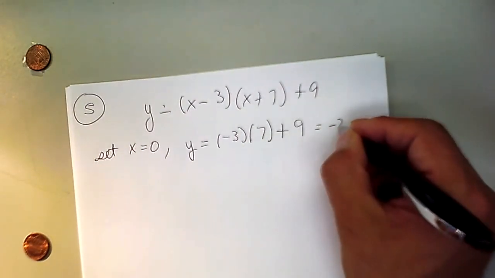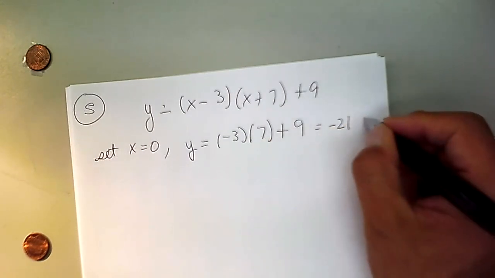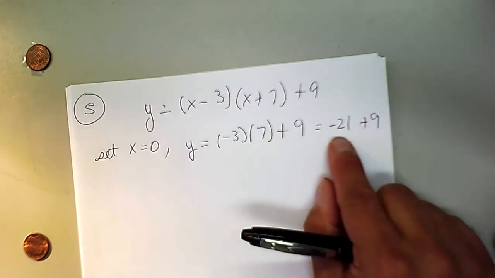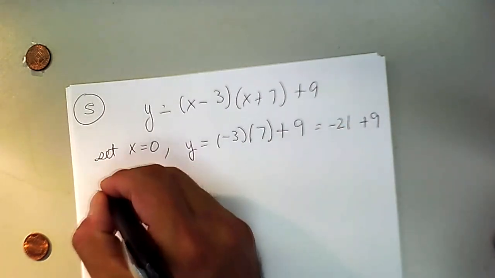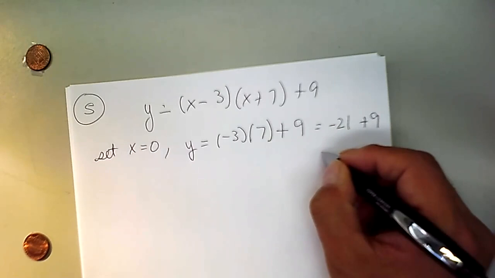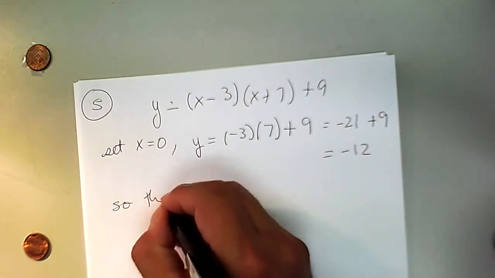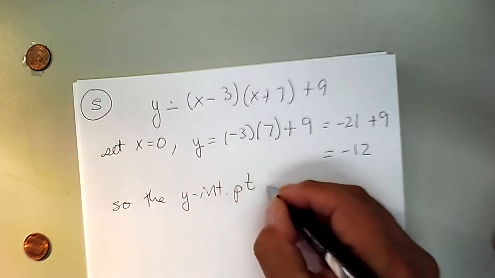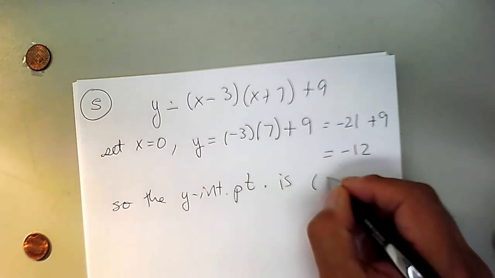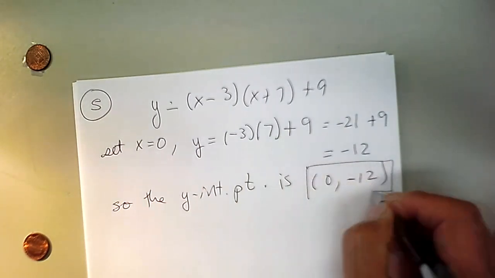That is -21 plus 9. And that's going to be -12. So y equals -12, and the y-intercept point is (0, -12). There.